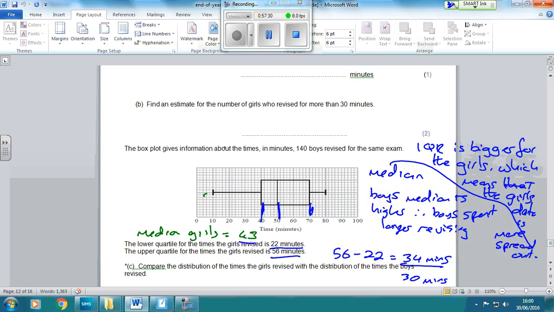And that's it. Whenever you compare two box plots, it's always the median and the interquartile range that you compare.